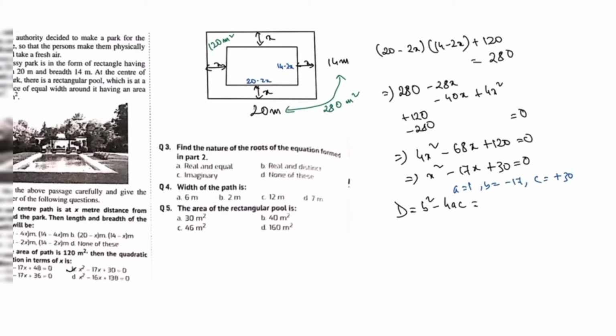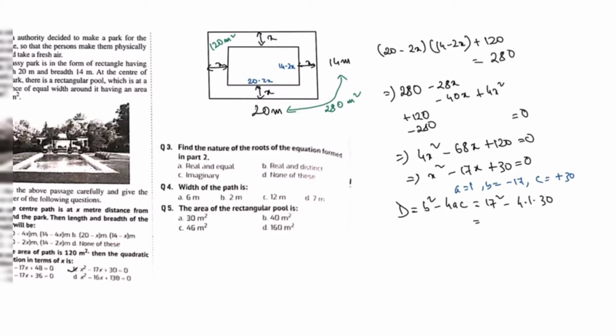Okay, so it is 17 square, that is 289, minus 4 into 1 into 30, that is 120. So 289 minus 120 is 169. So greater than 0, roots are real and distinct.